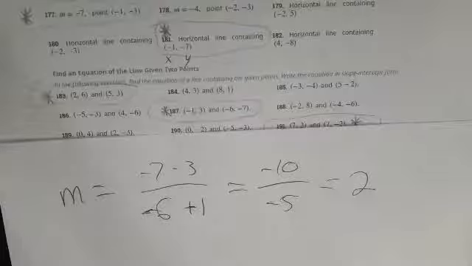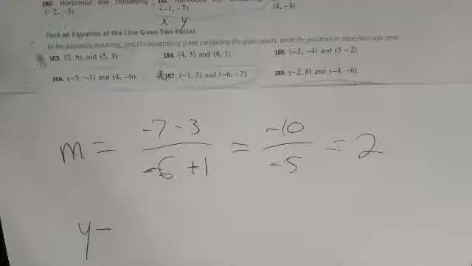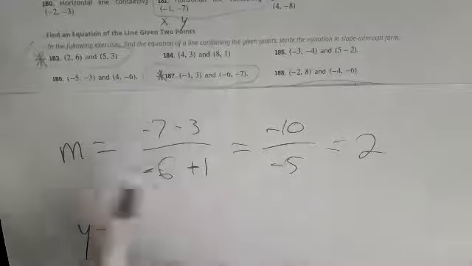And then you put it into the point slope formula, y minus. And I probably mentioned this: which point am I picking? The first one in the parentheses, so it would be y minus 3. Yeah, you can do that. You can pick either one, right?